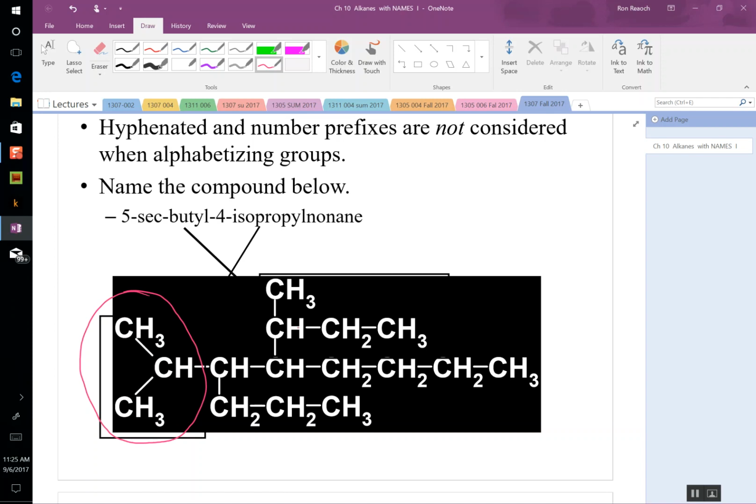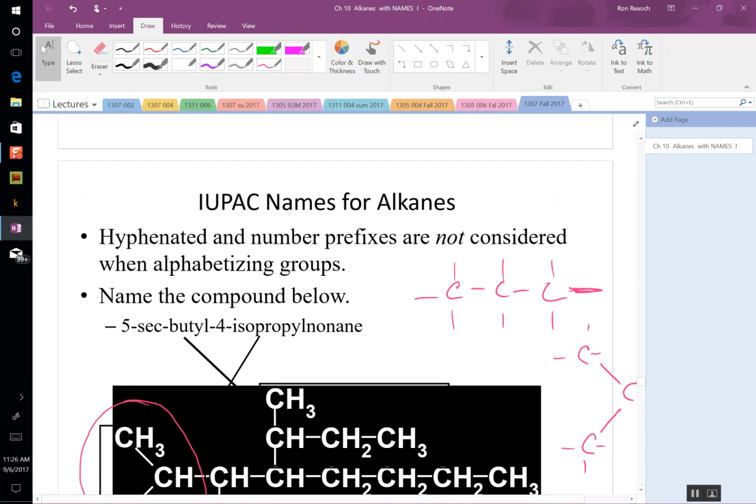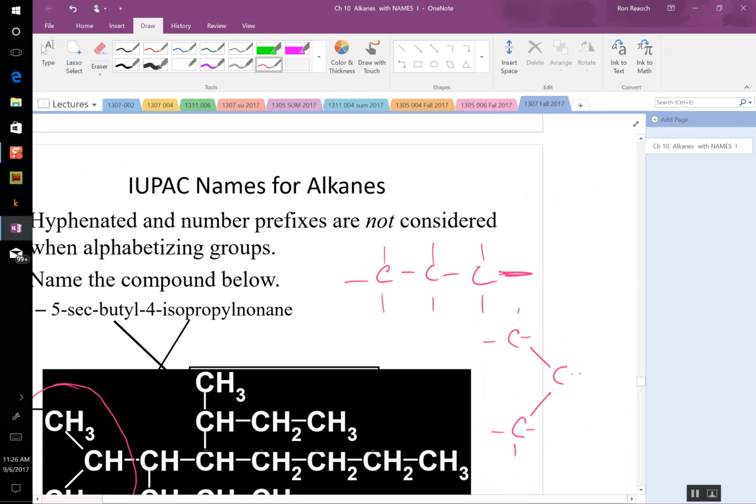It's not a propyl. A propyl is 3 carbons in a row, and it would be attached here. This is an isopropyl, and it's attached right here.